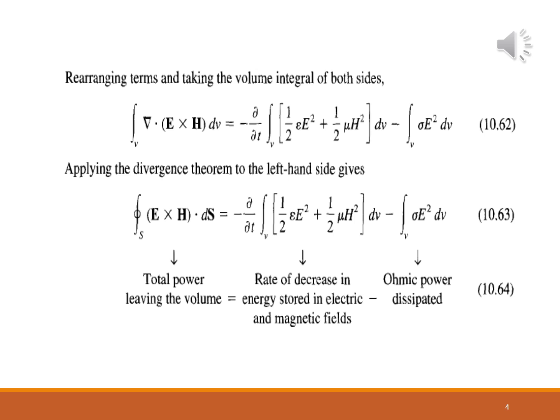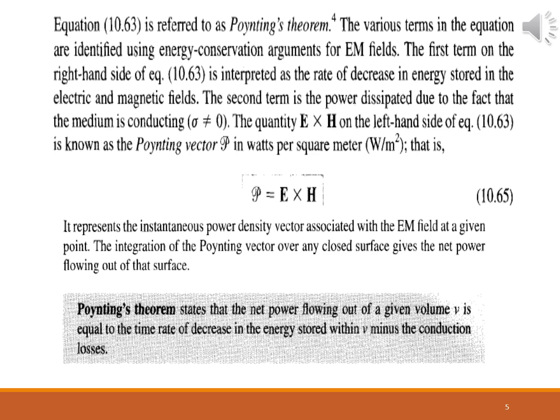That is, half epsilon E square corresponds to the rate of decrease in the stored electrical energy, and similarly half mu H square stands for the energy stored in the magnetic field. And the second term on the right hand side corresponds to the ohmic power dissipation. So this equation 10.63 is very important, and it is referred to as the Poynting theorem. I've already explained the physical interpretation of the various terms involved in the equation.